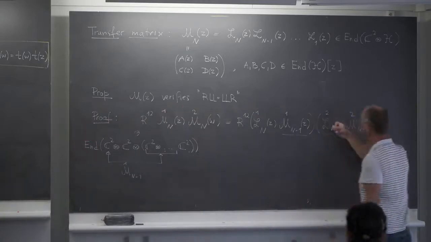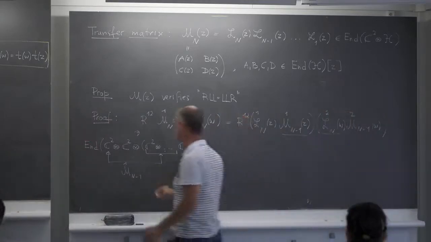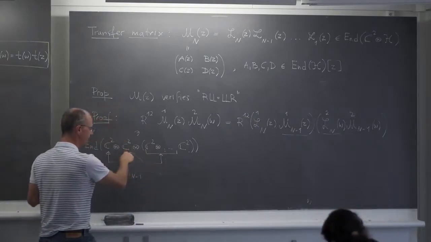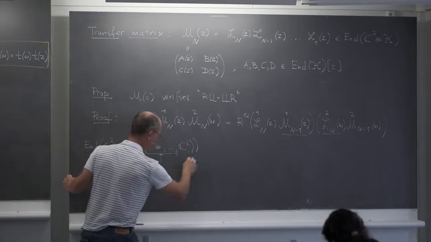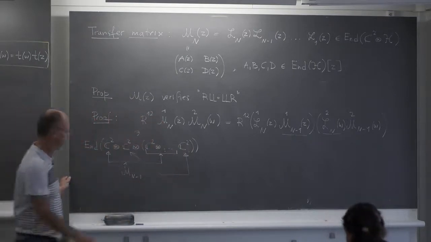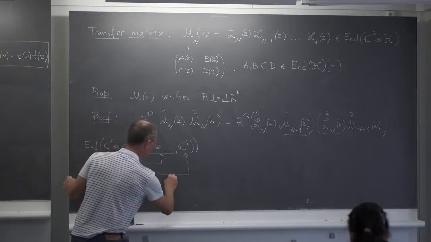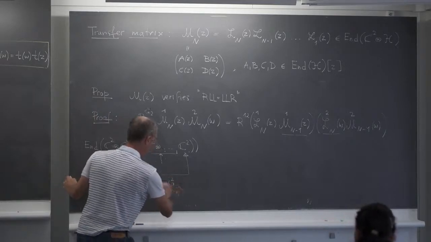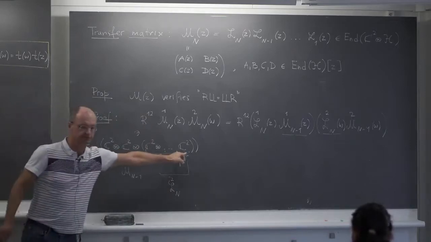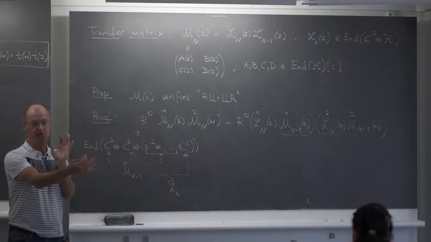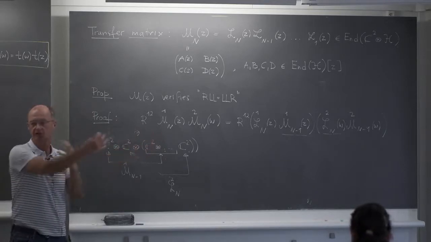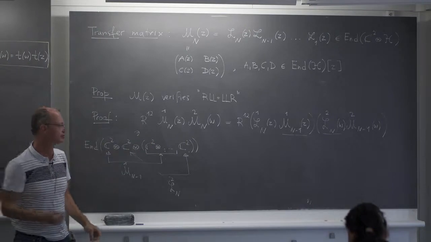Now L2n acts on this space, that's the second auxiliary space, and on the last copy of C2 inside H. So that's where L2n acts. So they simply act on different spaces in the tensor product, and they're equal to 1 on the other one. So that's why they don't talk to each other, they commute.